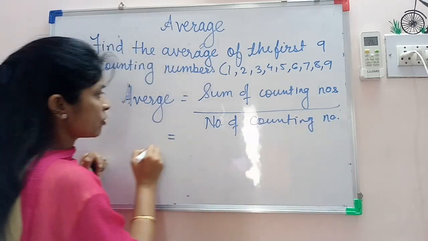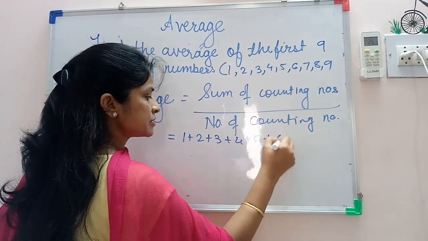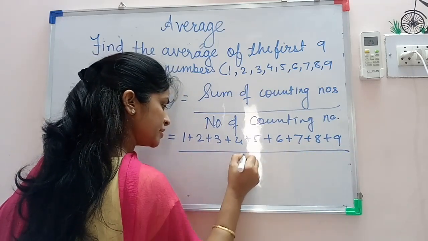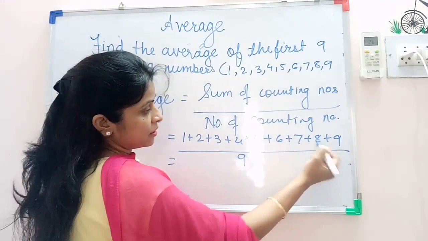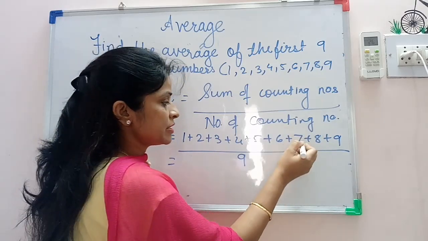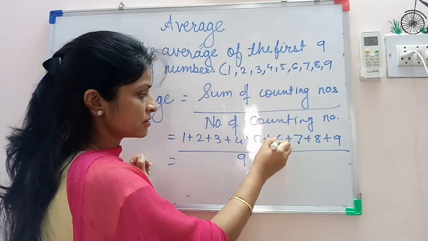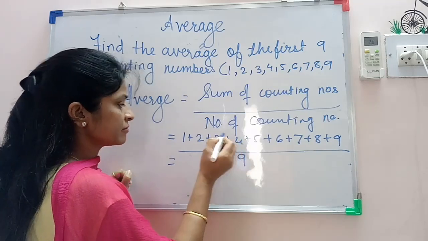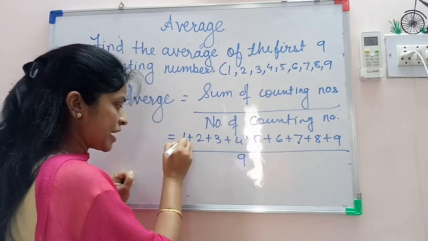I will write all the counting numbers, that is 1, 2, 3, 4, 5, 6, 7, 8, 9. Now we divide by 9 because 9 counting numbers are given here. So we'll do the addition of this. 8 plus 9 is 17, plus 7 is 24, plus 6 is 30, plus 5 is 35, 39, 42, 44 and 45.